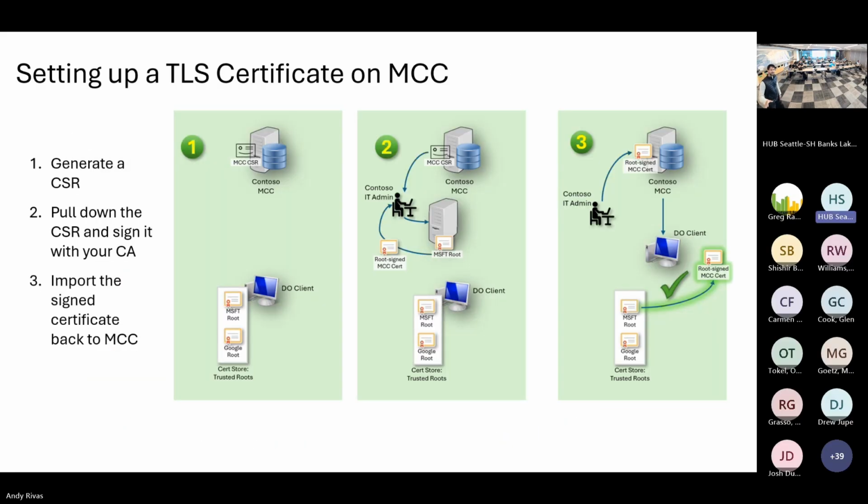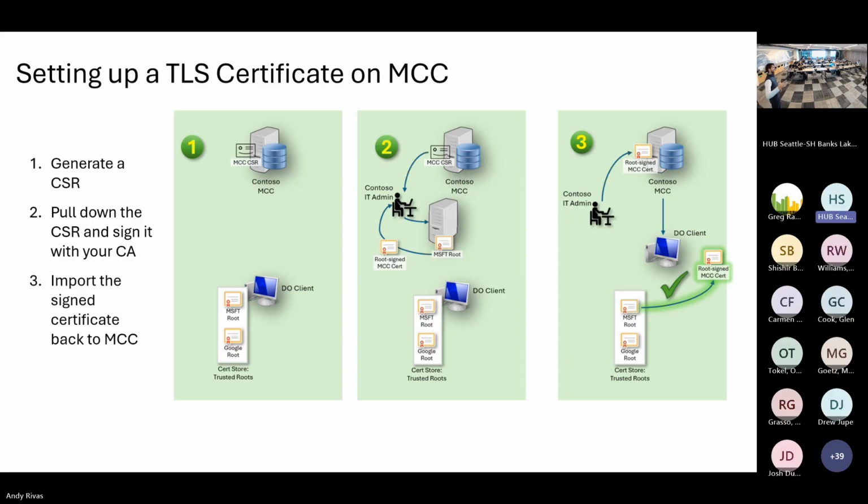I'll go quickly through this. This was essentially the V1 of how to set up a TLS certificate. There are improvements coming, but we're doing a CSR process right now where you first start on your MCC, and we have a script that allows you to generate a CSR, basically an unsigned certificate, on your MCC.